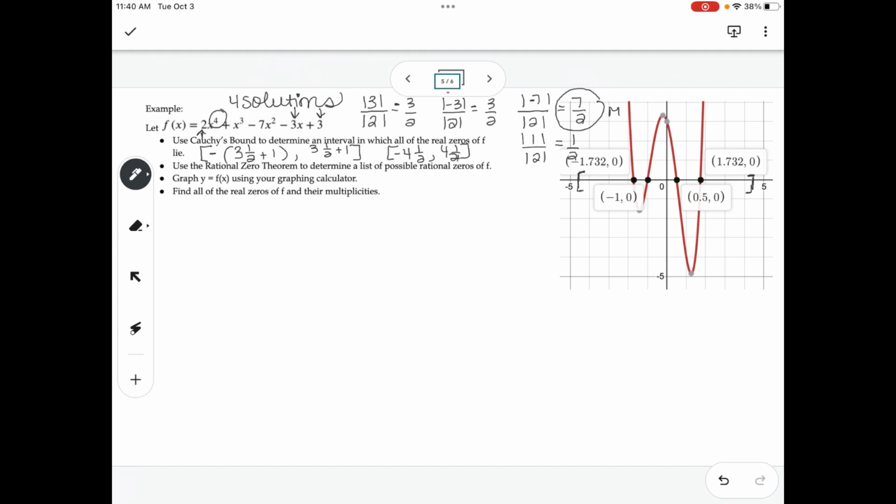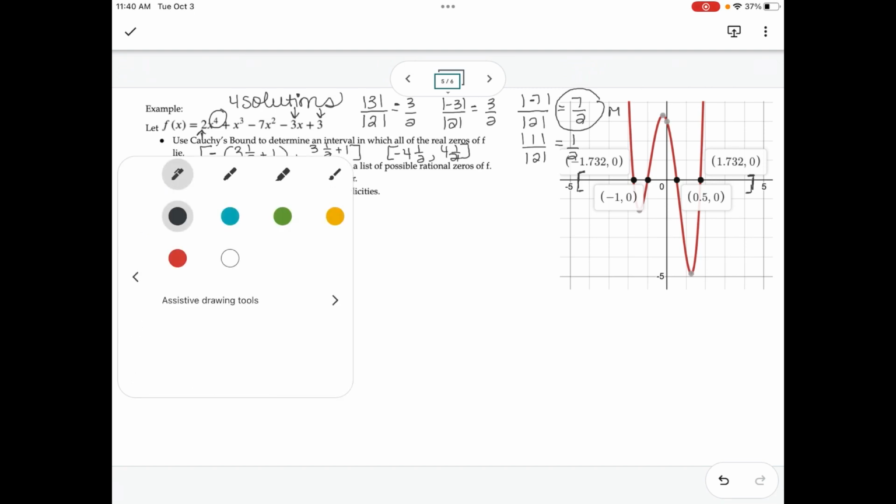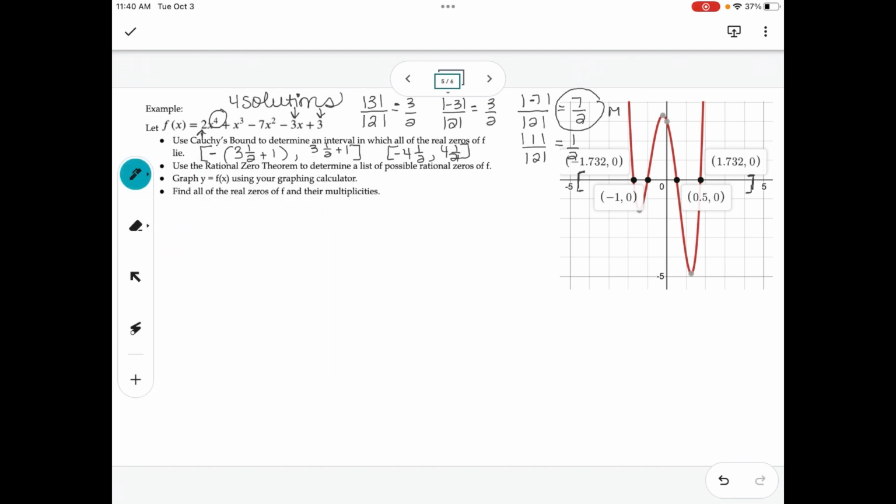Graph using our graphing calculator and use the rational zero theorem to determine a list of all possible rational zeros. So in this case, I need the leading term and the constant term.